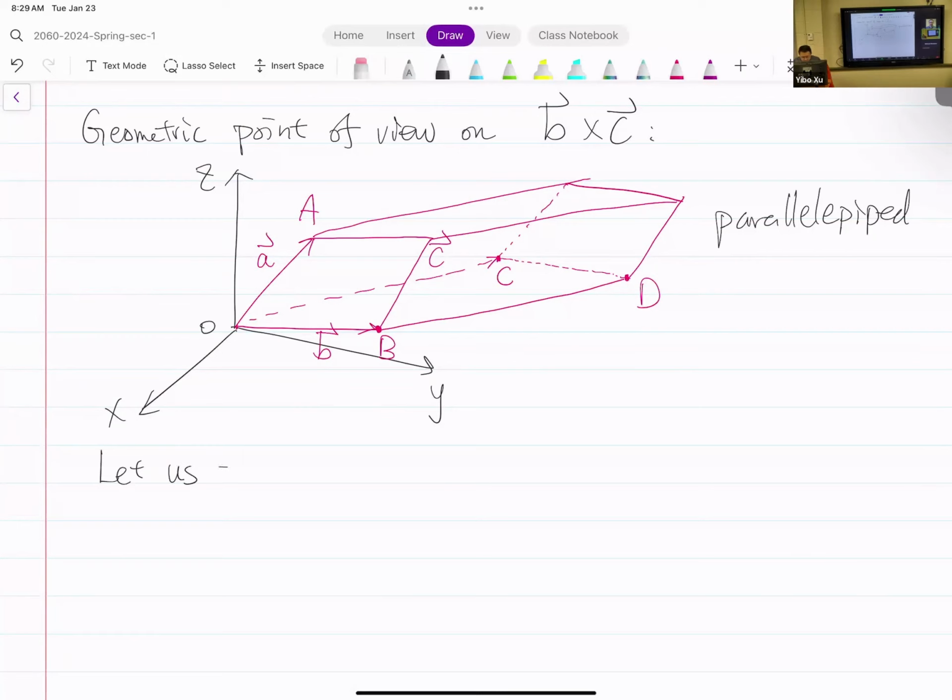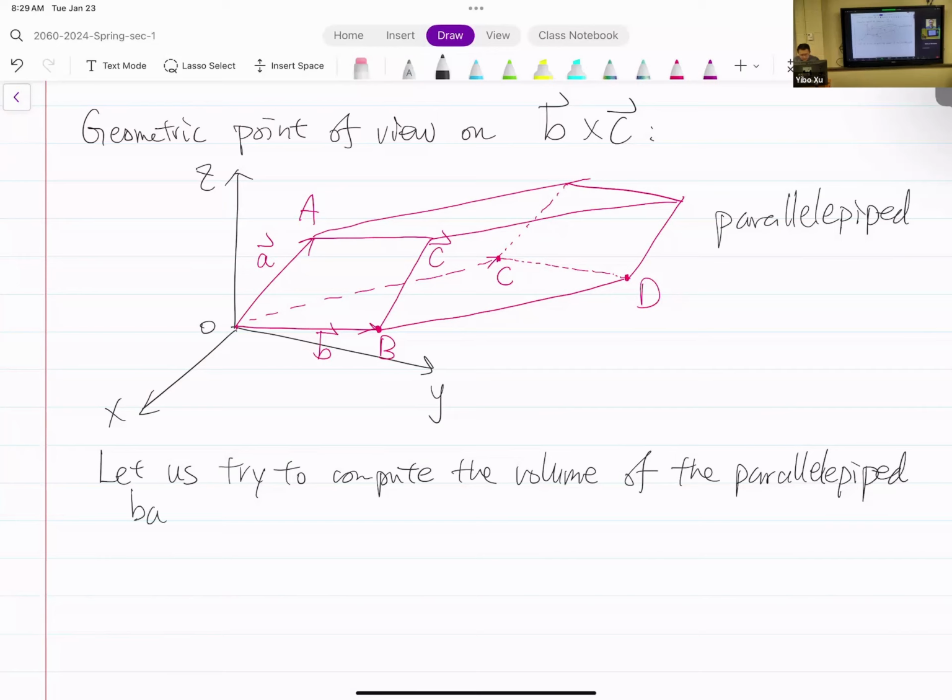So let us try to compute the volume of the parallel pivot based on vectors A, B, and C.